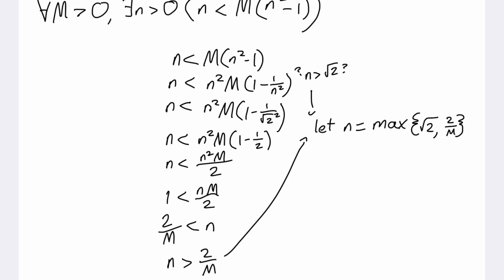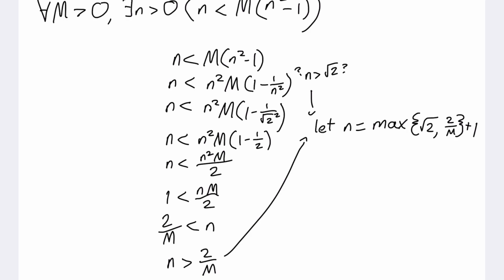But that doesn't quite guarantee that it's strictly greater than both of them. It's going to be greater than one and equal to another. So we need to just bump it up a tiny bit to guarantee that it's going to be greater than both. n equals max of root 2 and 2 over m, plus 1. So whatever value turns out being bigger, n will be slightly bigger than that.